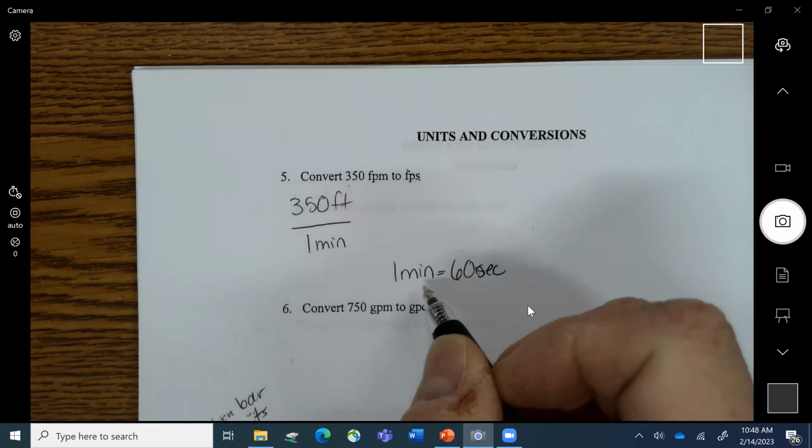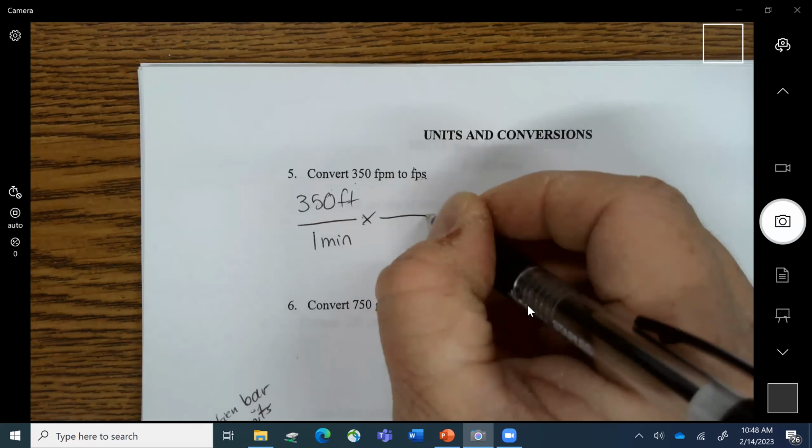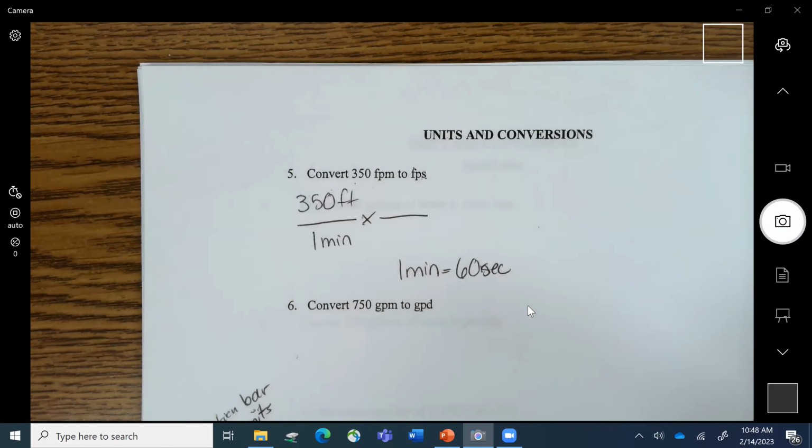If my minutes are on the bottom and I have to get them to seconds, where would my minutes have to be to cancel? Minutes are on the bottom, so they have to be up top to cancel. How many seconds does 1 minute equal? 60 seconds.